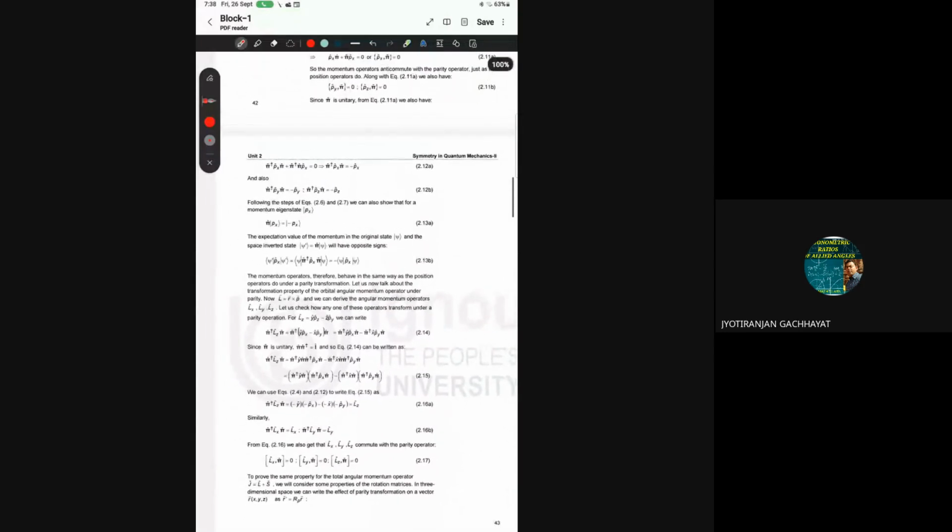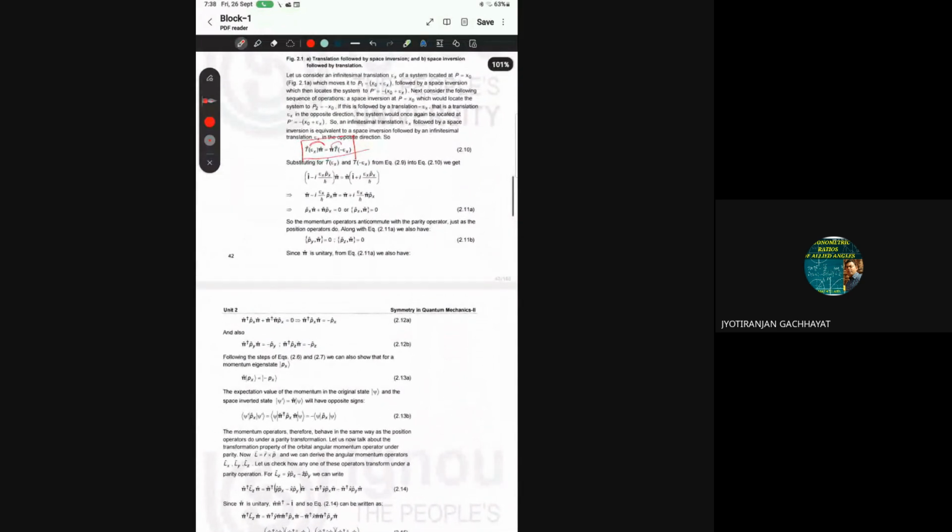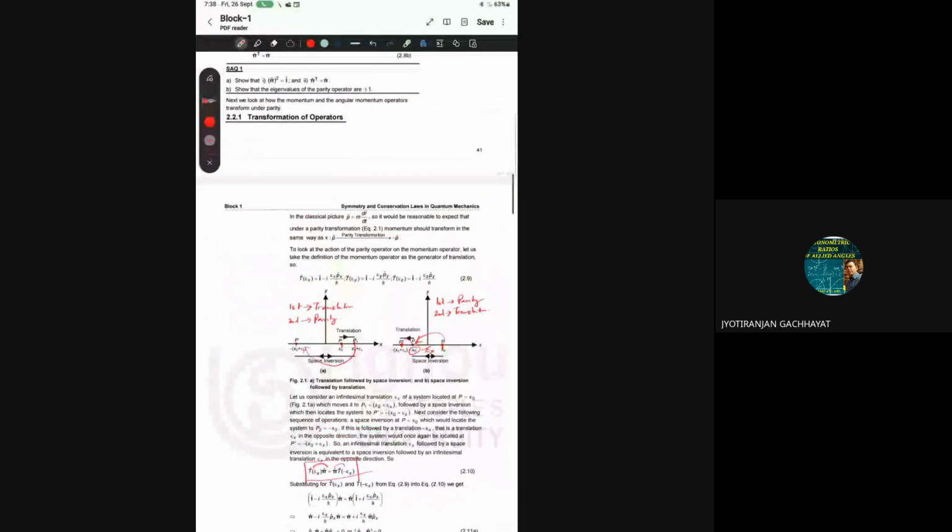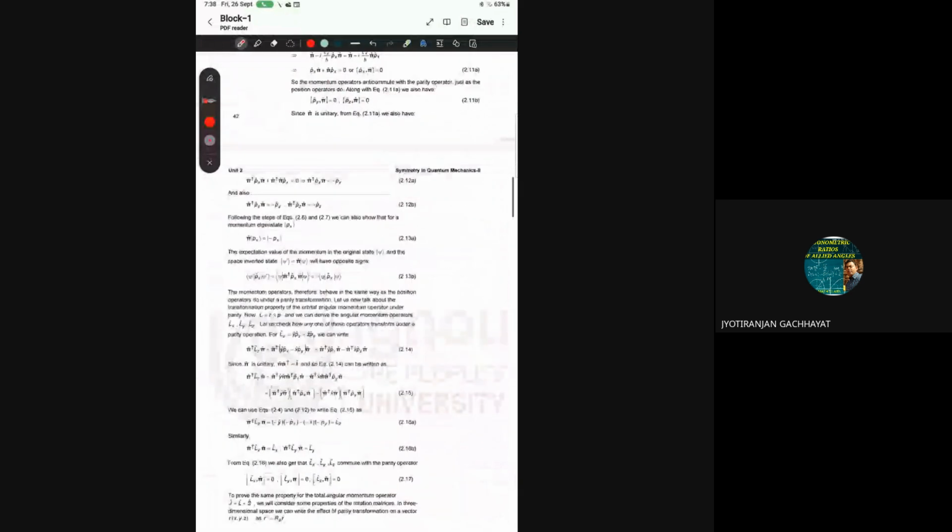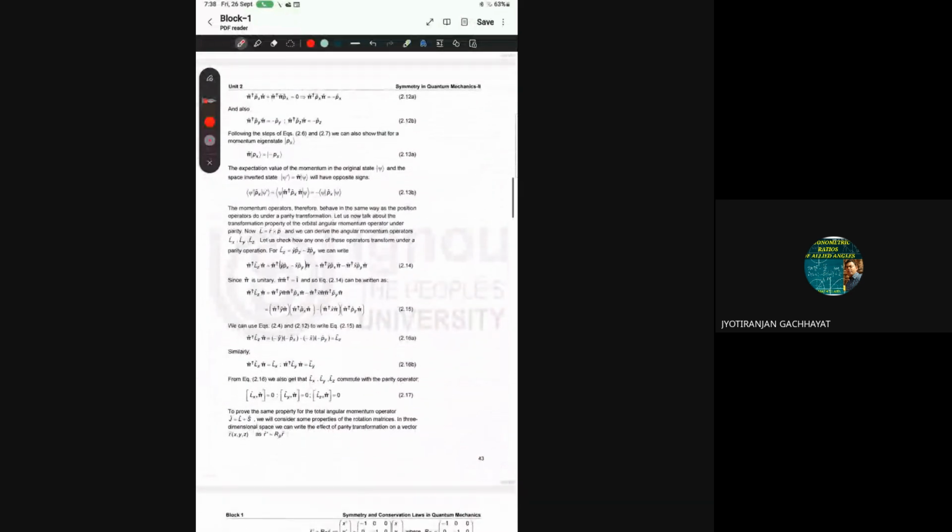Just quickly go through it. If you can understand it or not, then I'll move over to the angular momentum part. Take 5 minutes, go through this text. If there is any question, ask me. Else, I will move over to the momentum operator. Okay, 5 minutes.